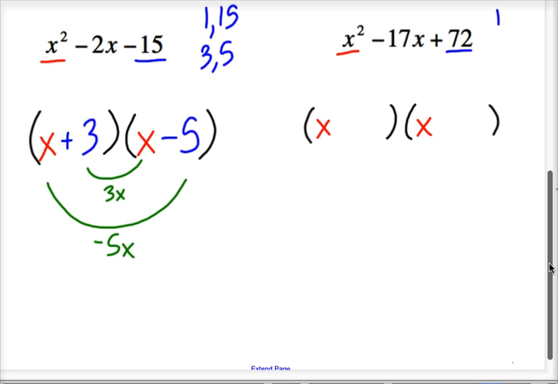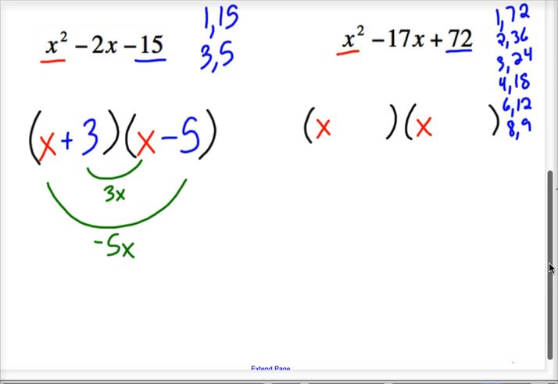Well, here there are a lot of options. 1 and 72, 2 and 36, 3 and 24, 4 and 18, 6 and 12, 8 and 9. So we have a ton of possibilities here.